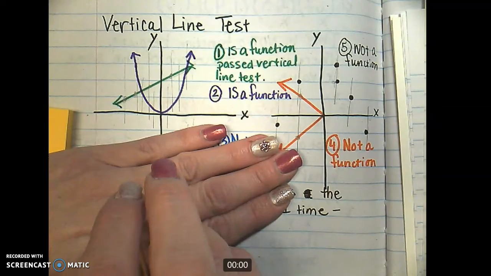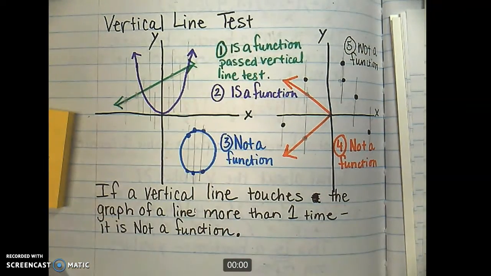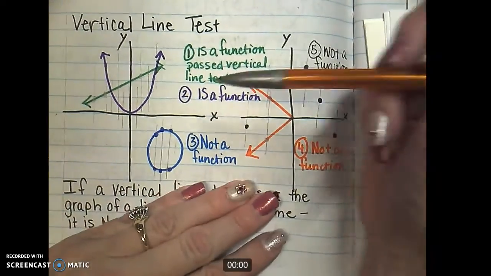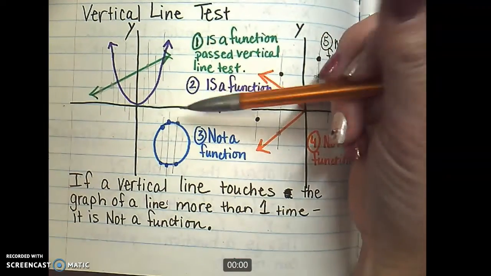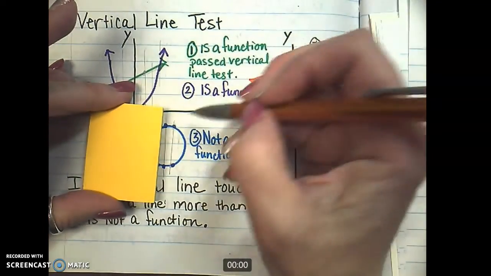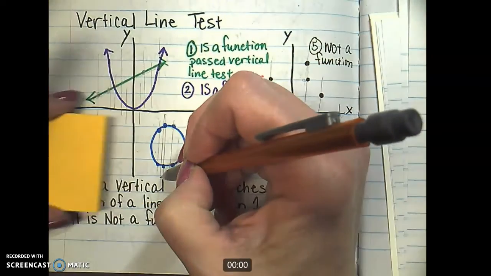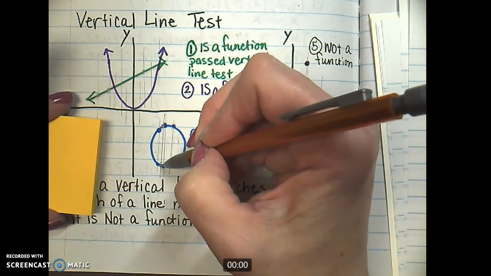Wait, it says we look at the graph lines? Say that one more time. I don't get when it's not supposed to be touching one point. Alright, okay, so let's look at this circle. See the circle on there? So if I have a circle on a graph and I draw a vertical line, it touched here and here.